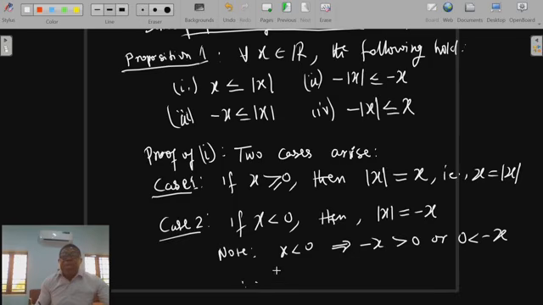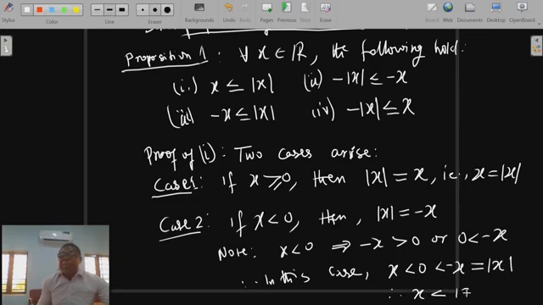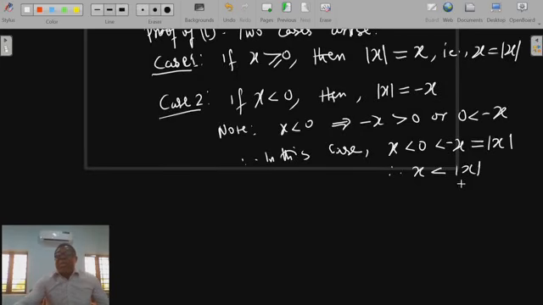Therefore, in this case, x is less than 0, which is less than minus x, and this minus x is its absolute value. So this means that here x is less than absolute value of x. So when x is less than 0, x will be less than absolute value of x, and when x is greater or equal to 0, x will be equal to absolute value of x.